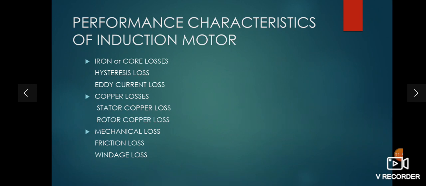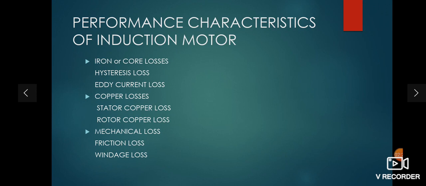Iron losses occur in the stator core and the rotor core. So how to reduce the iron losses? Same way, copper losses occur in the stator winding and the rotor winding, which are made of copper. Same way, mechanical losses are split into the friction loss and windage loss.